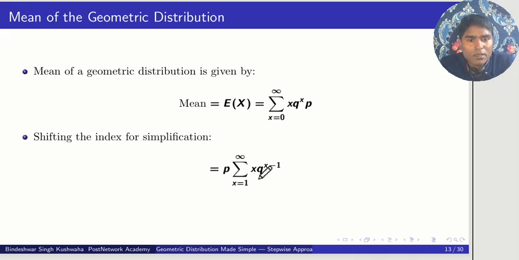Reduce one power, and x comes here. Since the sum was from 0, we have just started from 1. If we take 1, it will become 0, and if we take 2, it will become 1. So the same series is here.